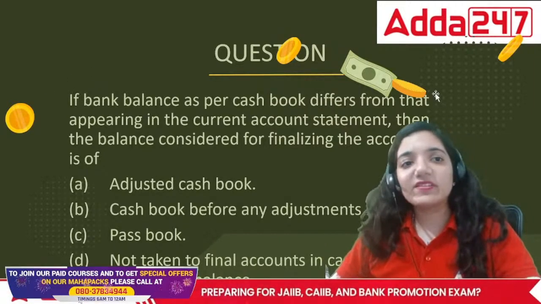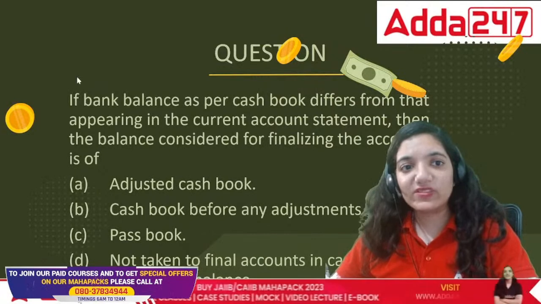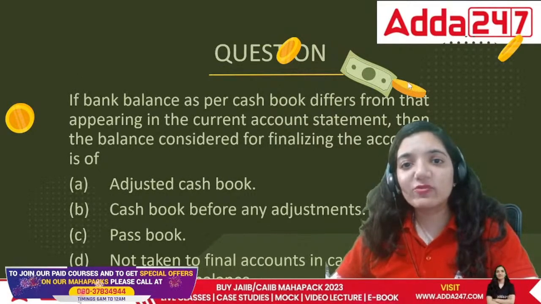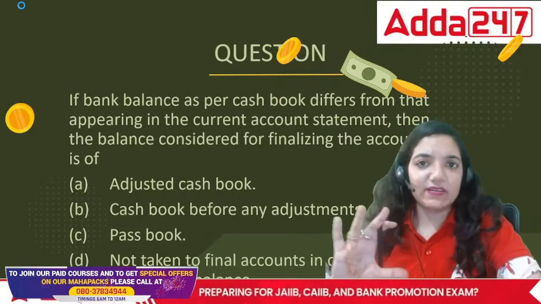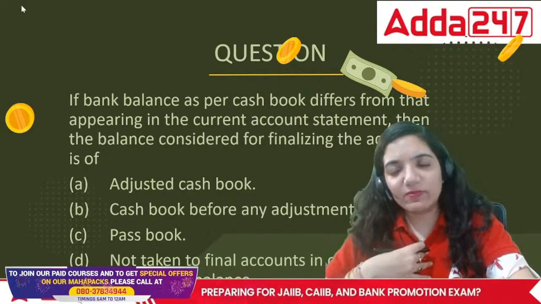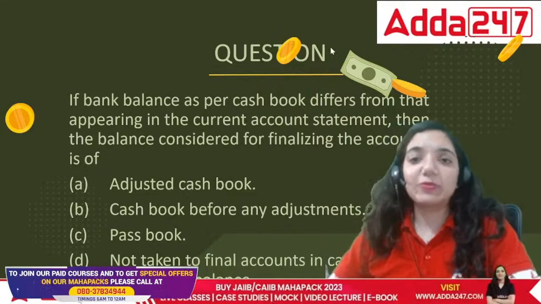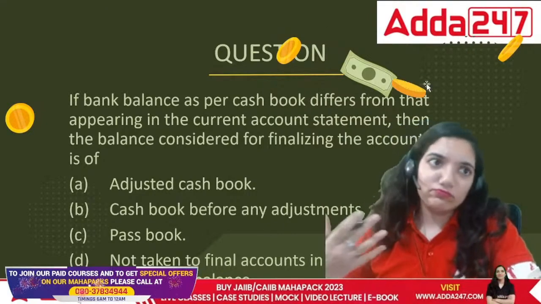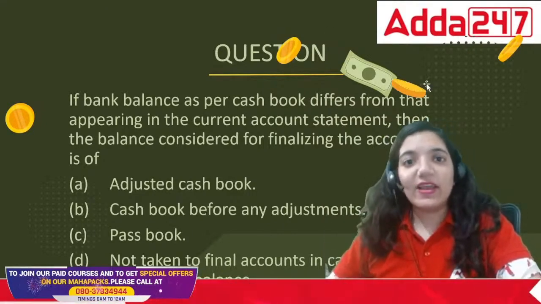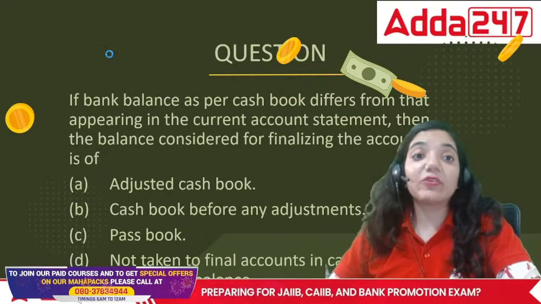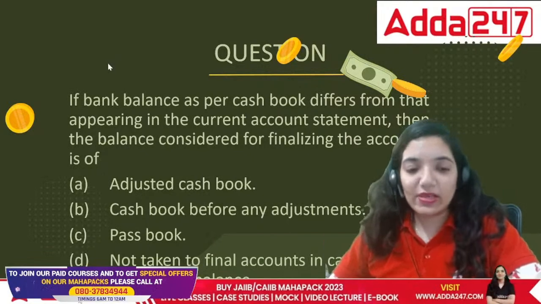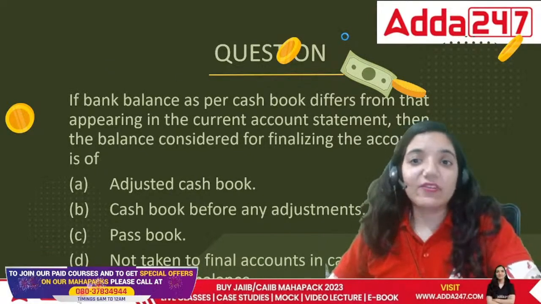When we record something in the books of accounts, we record it as per the transactions which are happening, while the bank records it as soon as they are able to complete that particular transaction. There's a difference in this now.